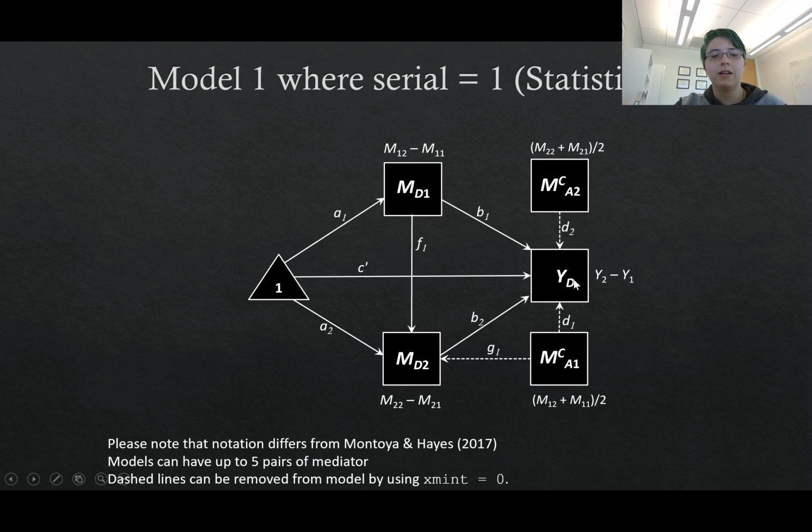One thing I'll note here is that I've changed the notation a little bit, and it doesn't necessarily align with the original paper anymore. This was to make sure that the saved output was a little bit clearer, because we were using a different notation system. So please refer to the templates to understand what the different paths are in the serial mediation model.